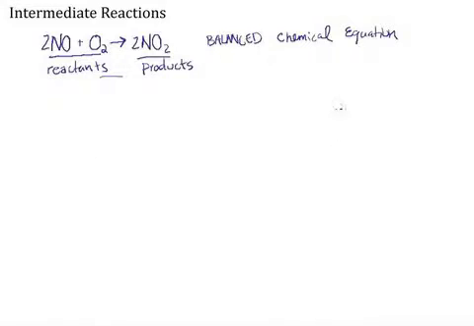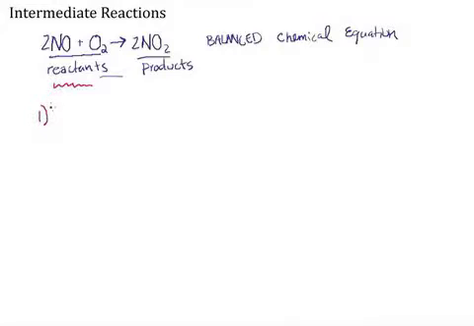Instead, very often what we get are intermediate reactions. So essentially the reactants have to go through a little bit of rigmarole before we can reach our final product. And in this case, this ends up being a two-step process, right?